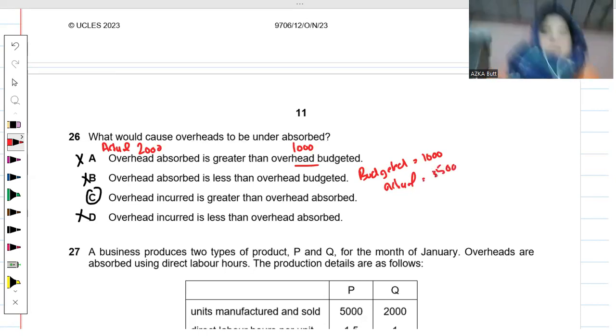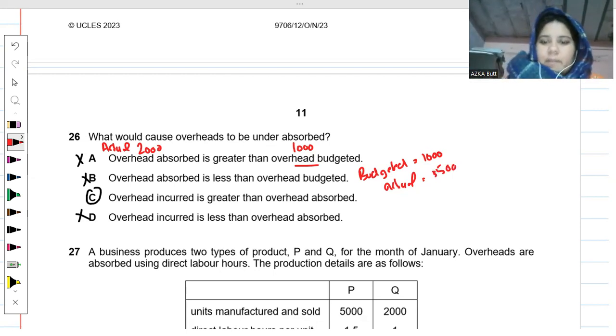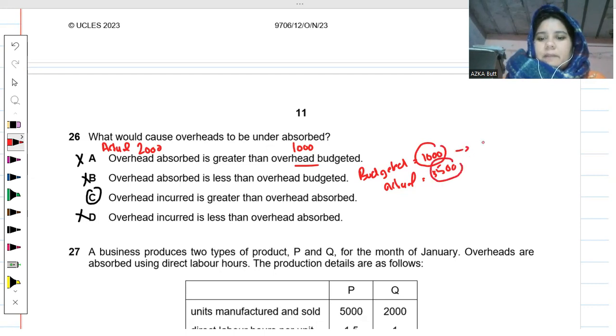So it means that we over absorbed the overheads, because the budgeted overhead is $1,000 but actual is 500. But the examiner is asking about under absorbed. What would cause under absorbed overheads?